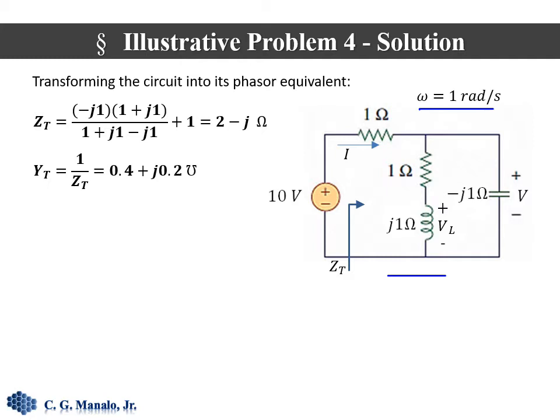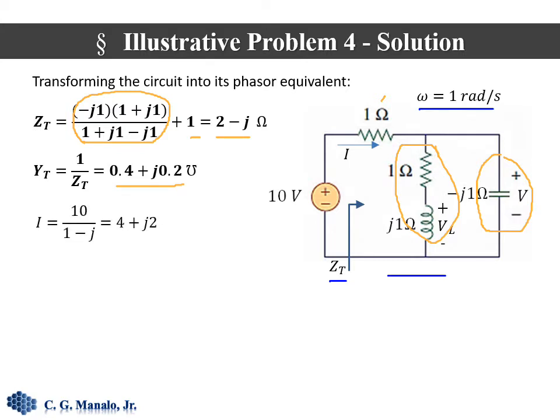We proceed by computing the equivalent impedance, Z sub T. This part here is in parallel with this one. So we get the equivalent impedance. This is this part here. Then the combination is in series with the 1 ohm. So we add 1 ohm and we get this result. We take the reciprocal of that and we get this result.